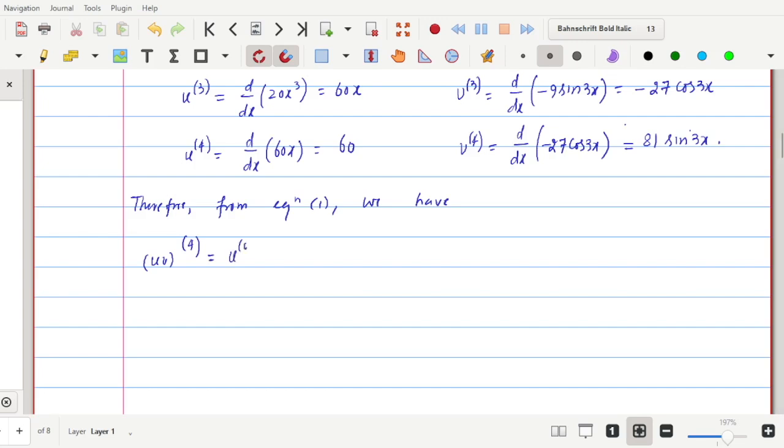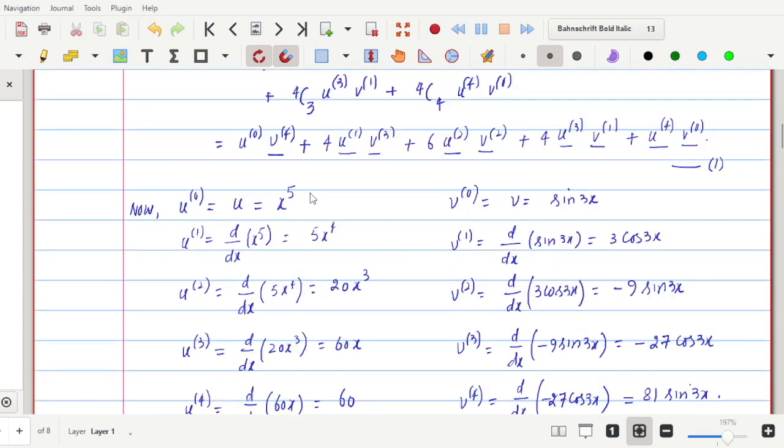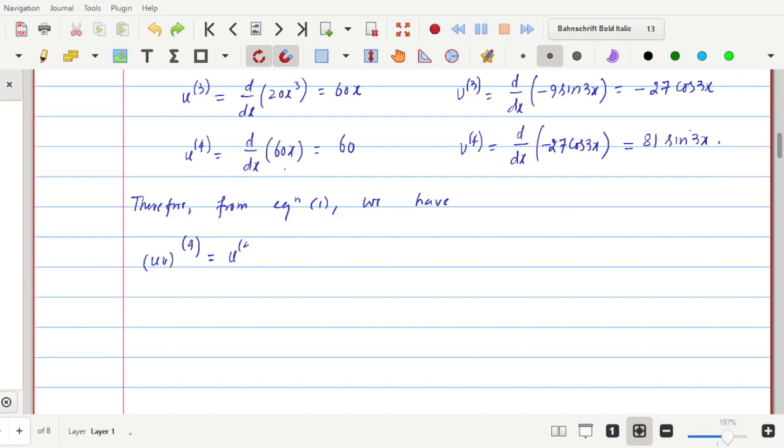This was equal to u0 v4 plus 4 times, now powers of u will keep increasing one by one and powers of v will keep decreasing one by one, so this is equal to u1 v3, then 6 u2 v2 plus 4 u3 v1 plus last is u4 v0.